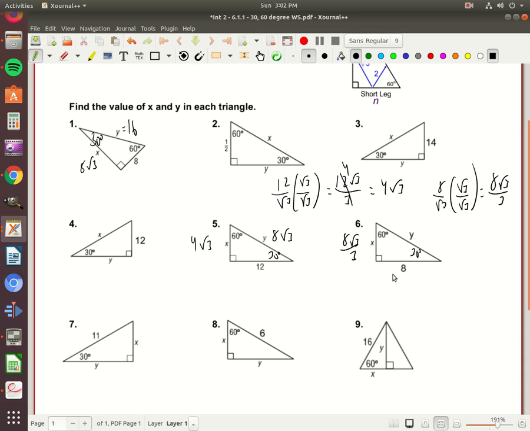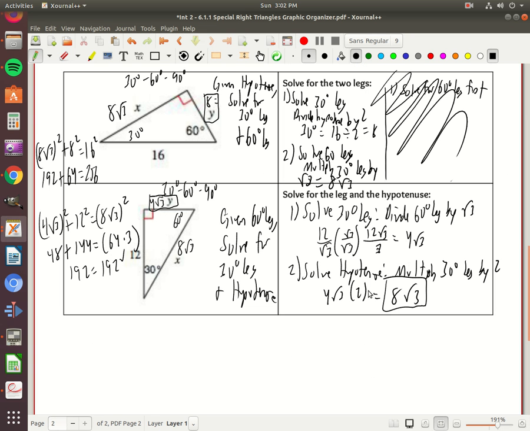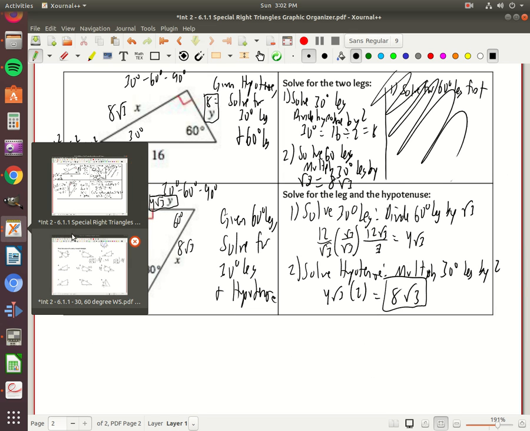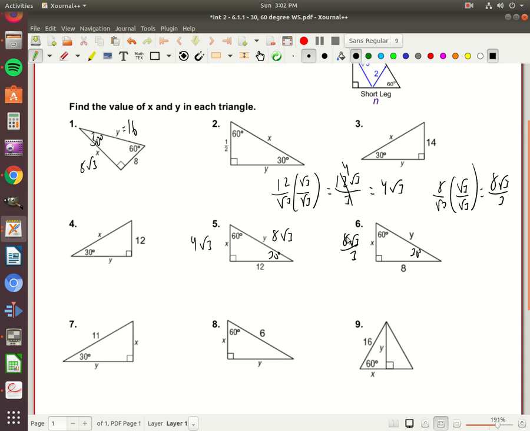I don't need to simplify this anymore. If this was like 8 and 4, I would simplify it, or 9 and 3 I would, but 8 and 3 I'm not going to simplify. And now finally, to finish this off, we're going to solve the hypotenuse by multiplying the 30-degree leg by 2. So I'll go over here, and I'll just multiply 8 times 2 is 16. 16 times the square root of 3 over 3. It's that simple. I don't need to do more than that.